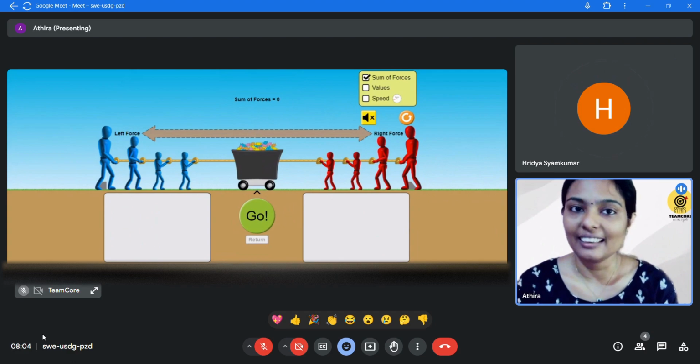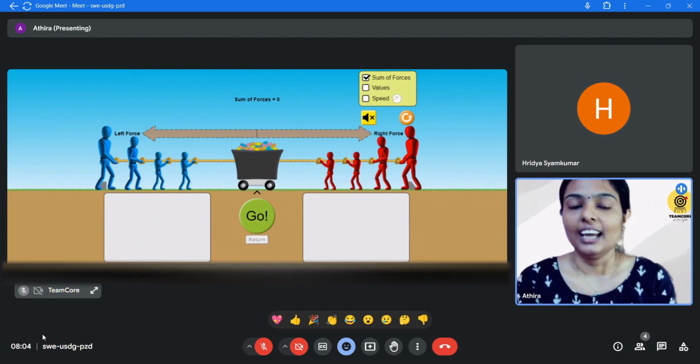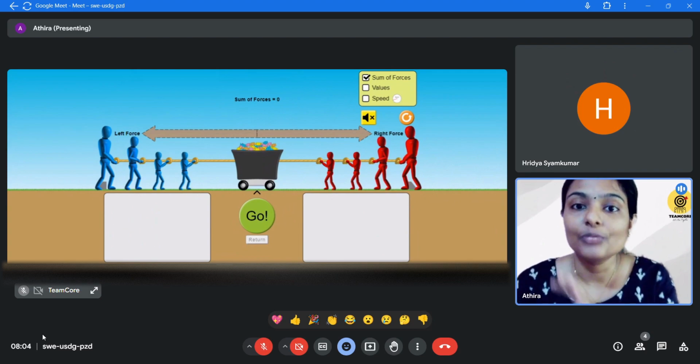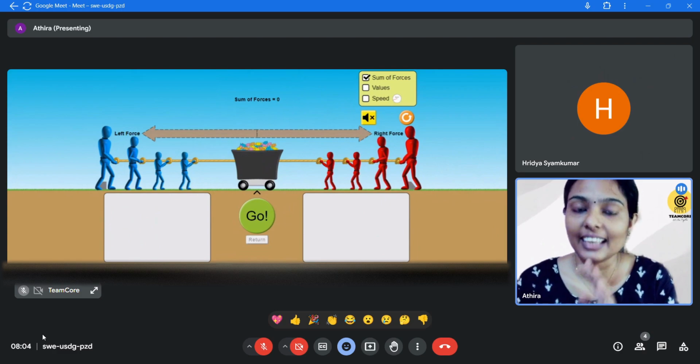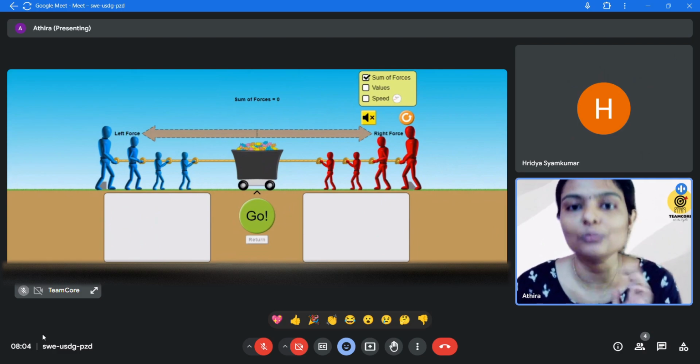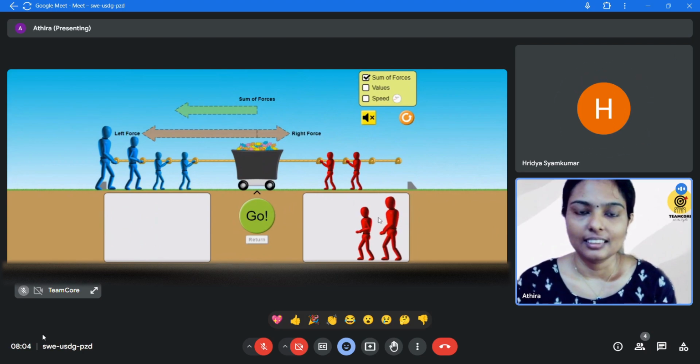And we have seen that under balanced force, the object will not move. The balanced forces cannot change the state of motion of an object.